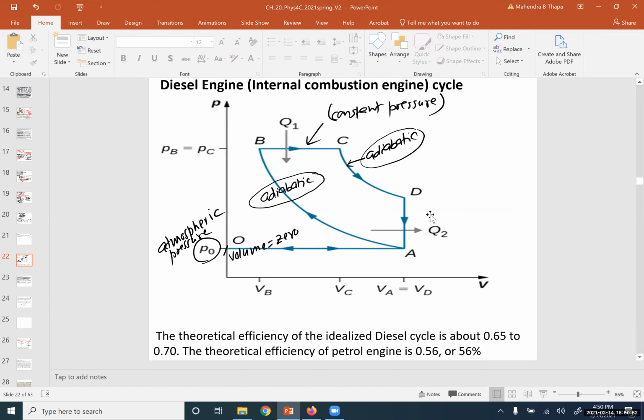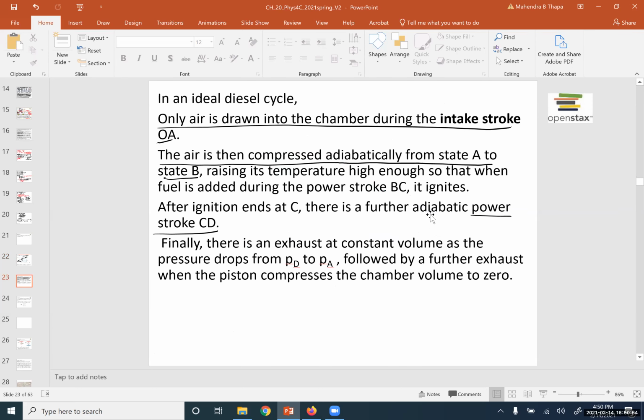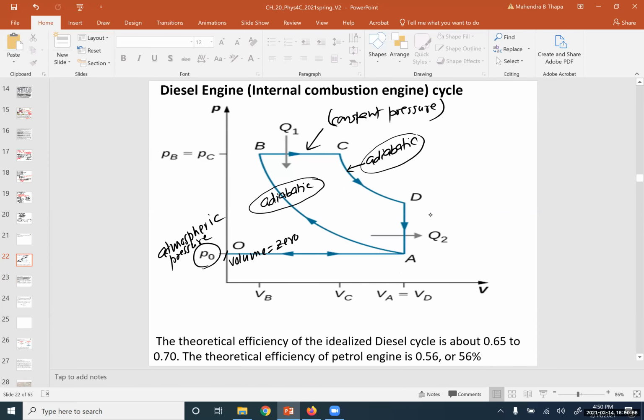Then in this section, DA, the engine will lose the heat Q2 to the sink. So this Q2 heat goes to the sink. Okay, this is the heat gained by engine.